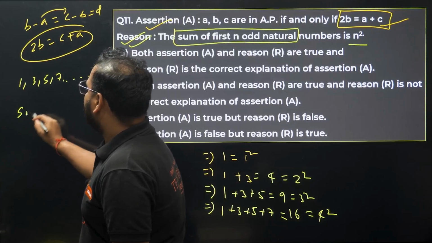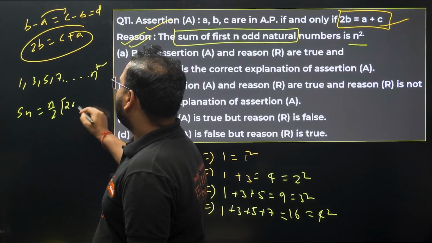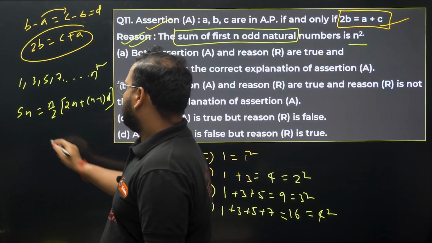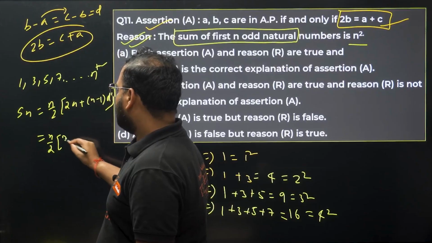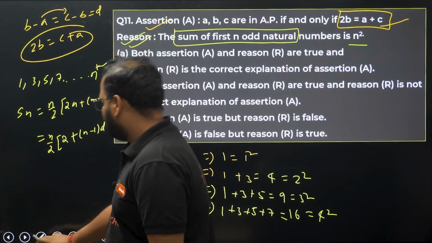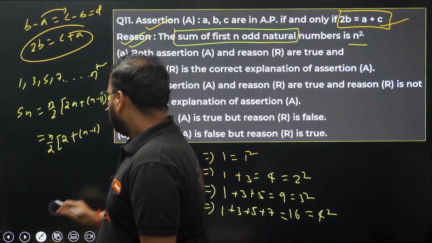So your Sn will become n by 2 times of 2a plus n minus 1 times of d. Okay. Cross check. 2 into 1 will become 2, plus n minus 1 times of d. D is also here 2. The common difference is 2, right?